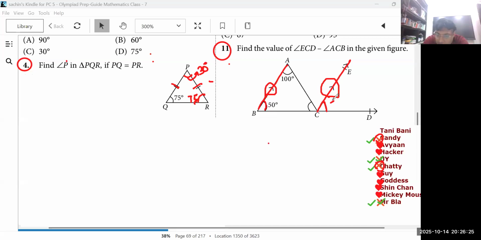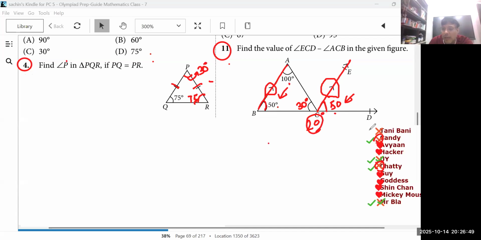Yes, I forgot the term for it. अभी तो मैंने बताई थी करस्पॉन्डिंग एंगल्स. दोनों नीचे नीचे हैं पैरेलल लाइंस के. Just now I told you. And ACB will be how much? 150. Total is 180, so it will be 30. So ECD, 50 minus 30 will be 20 degrees.